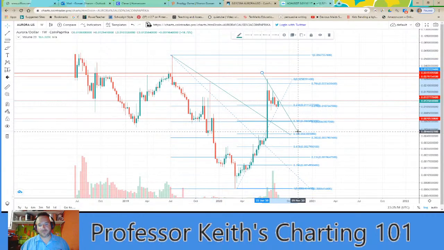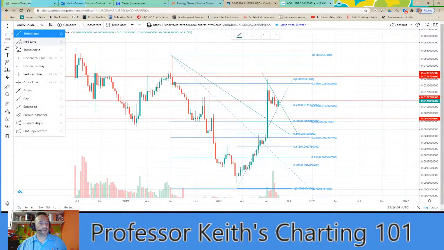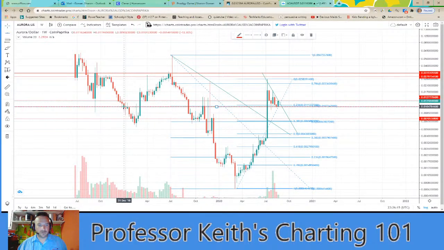It's just a retrace. Okay, so you probably need to add a resistance line in here somewhere. Right here. It's between support and resistance, maybe got a week or two to bounce around in here and make a move.